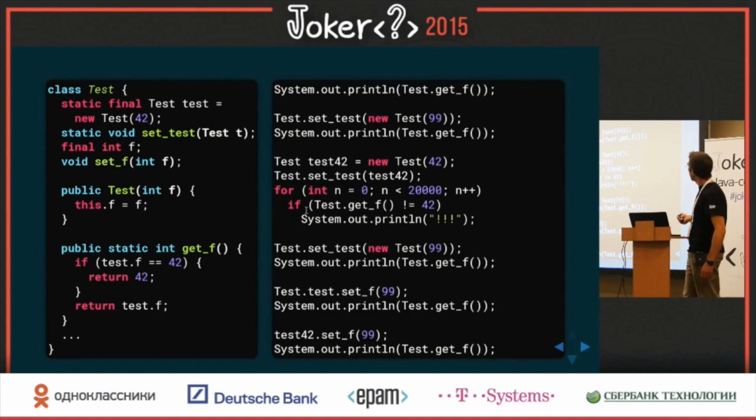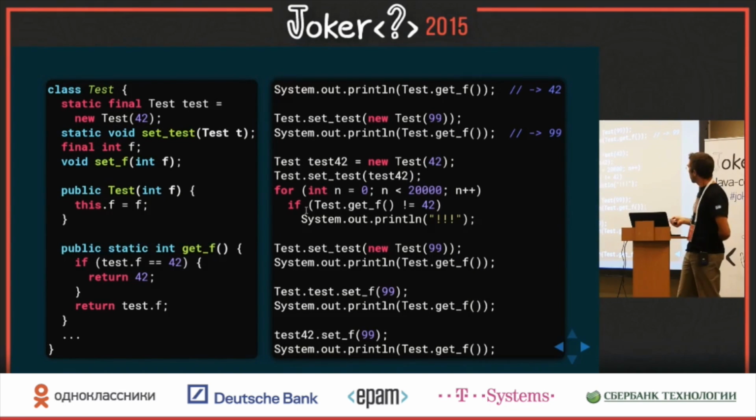So when we start now and call test getF, I think everybody agrees that the output will be 42. Now we call the setTest method, which changes the static final test field to a new test object, which is initialized with 99. So I think also everybody will agree that the output of this is 99.